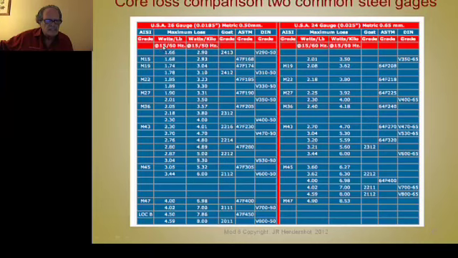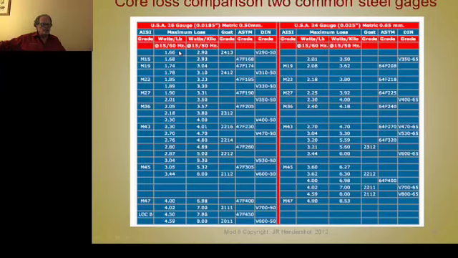And this is 1.5 Tesla flux density, or 15,000 Gauss. That's 15,000 Gauss at 60 hertz, and this is 15,000 Gauss at 50 hertz. And here's your core losses per pound in watts per pound.